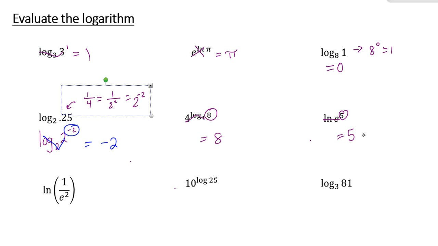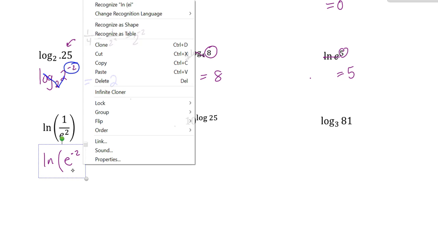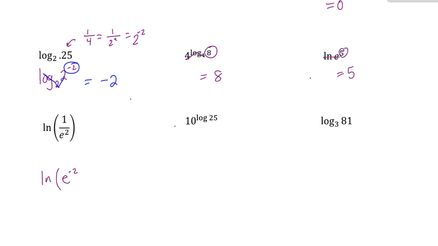This one's a little bit different because we've got e down here in the denominator. Well, I'm going to rewrite that as e to the negative 2. And then the ln and the e cancel each other. Ln e to the negative 2.